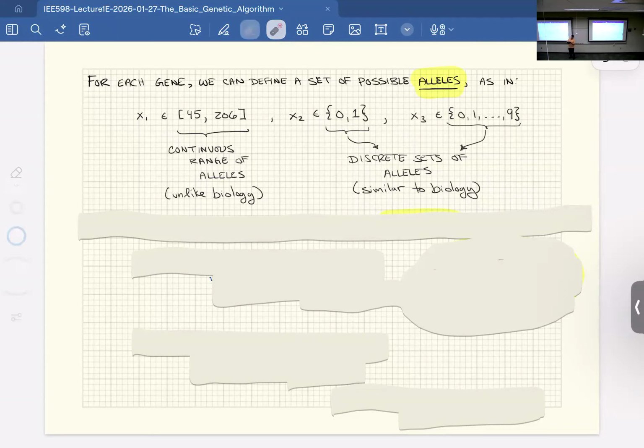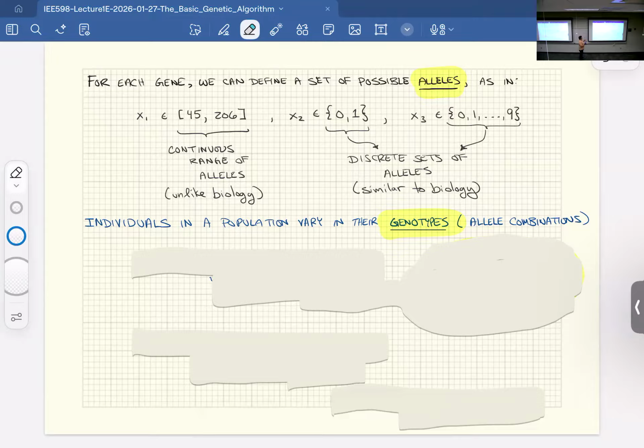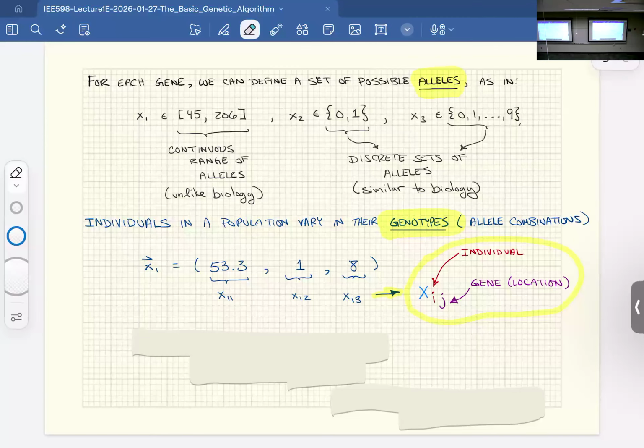Okay, so individuals in a population vary in their combinations of these alleles. And each individual combination is a genotype. So we can have individual 1, X1 vector here. And I don't know why it's slow today.